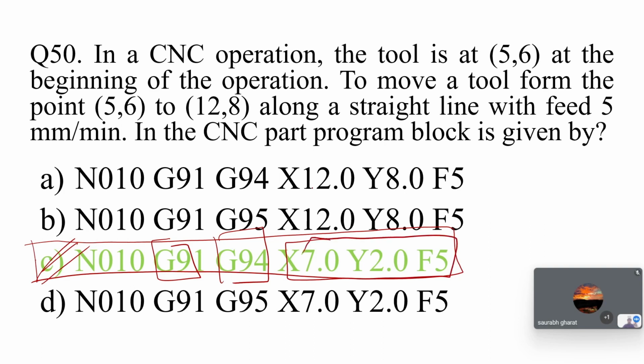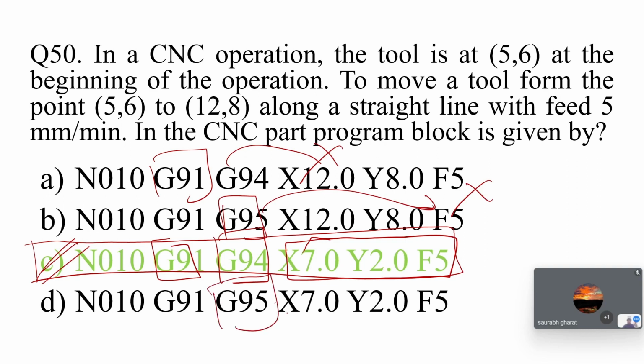You can say this other option also, but it is wrong. Why? Because due to G91, this becomes the wrong part, and because of G95, this field becomes wrong. So considering everything, by proper machining, this is your only correct option.